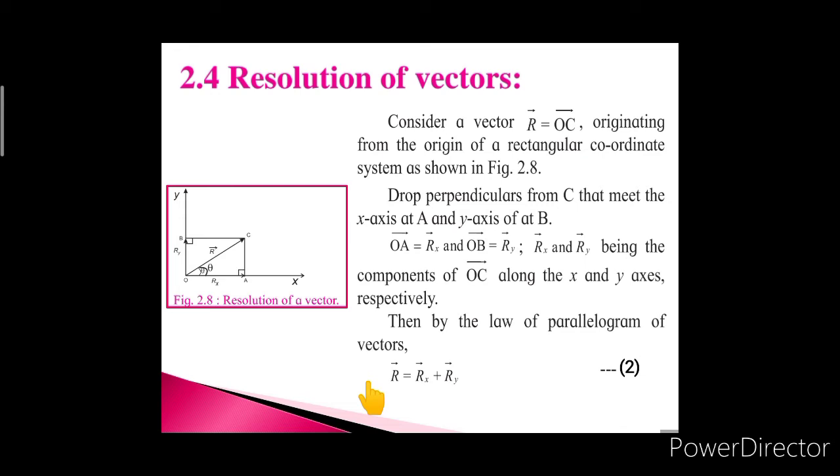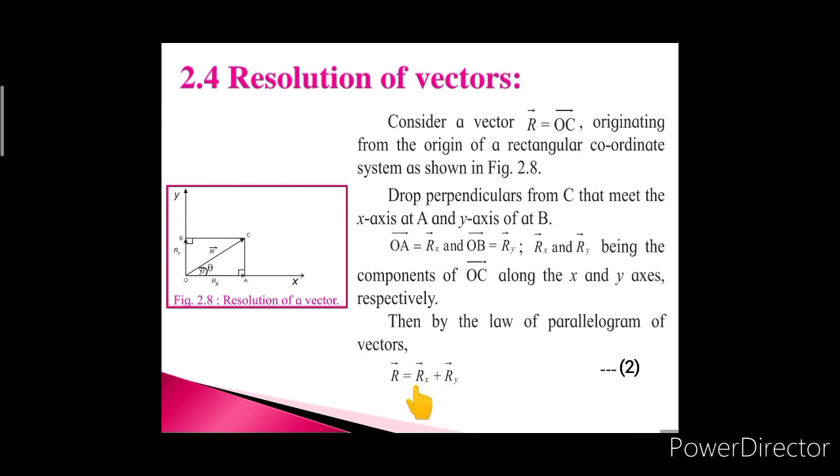Then in the next step, we are supposed to write the value of vector Rx and vector Ry in terms of unit vectors. So, vector Rx is written as the product of the magnitude of this vector, which is Rx only, and the unit vector along the x-axis, which we are considering as i cap.